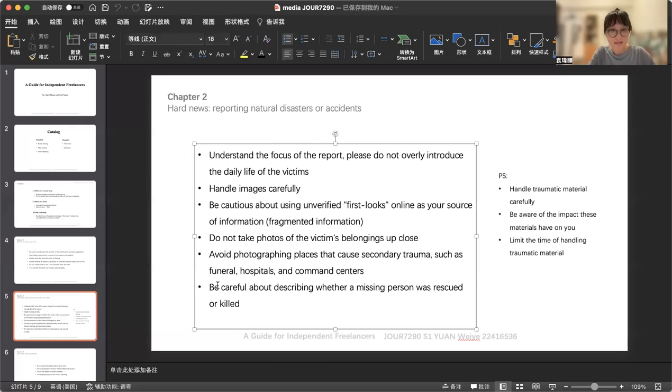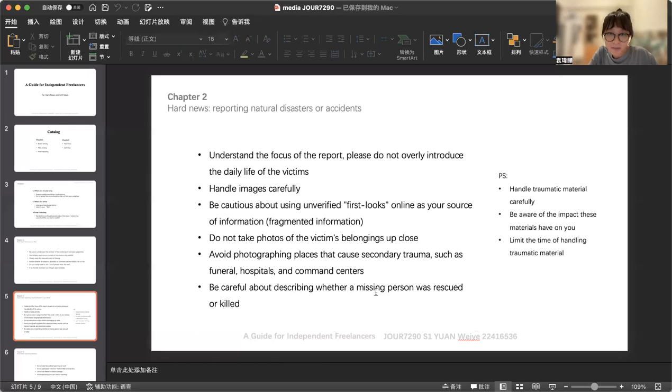The last one is be careful about describing whether a person was rescued or killed. I remember a case back in 2019 when Corona just broke out in Wuhan, and there was a doctor called Li Wenliang. The people of China think he was a whistleblower, because he said there was a coronavirus in Wuhan before the officials announced it. The officials were very unhappy and punished Li Wenliang.